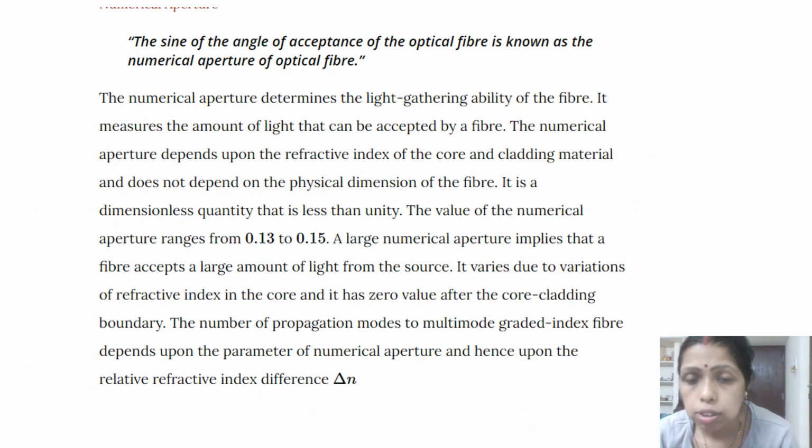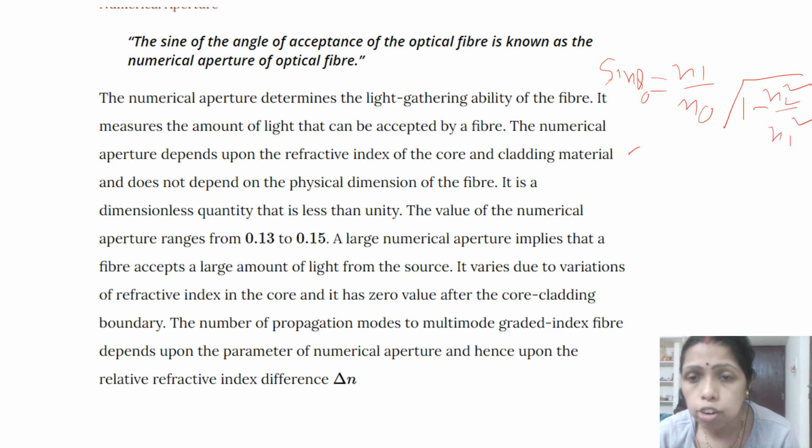Okay. So here I am writing what it will be. Sine theta naught is equal to eta 1 over eta naught times root under 1 minus eta 2 square over eta 1 square.